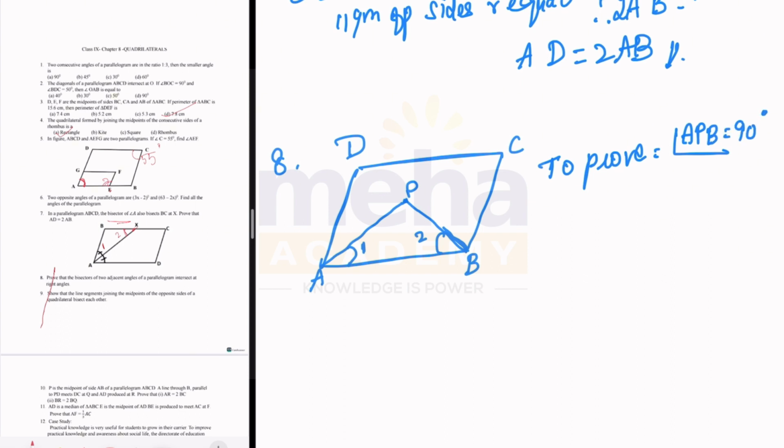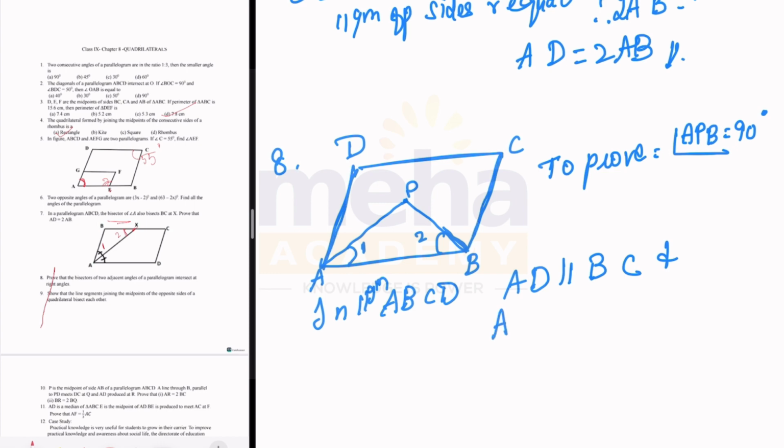So how do we start? We know that in parallelogram ABCD, AD is parallel to BC and AB is the transversal.